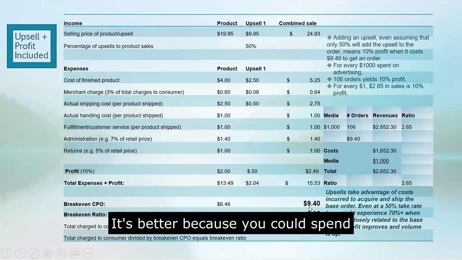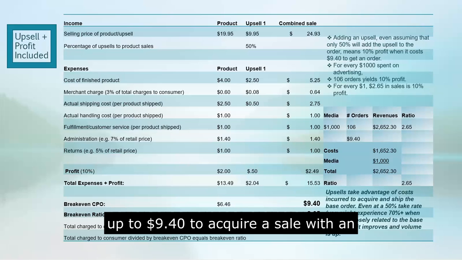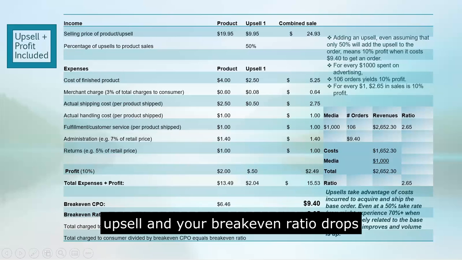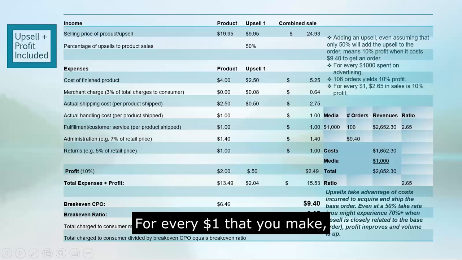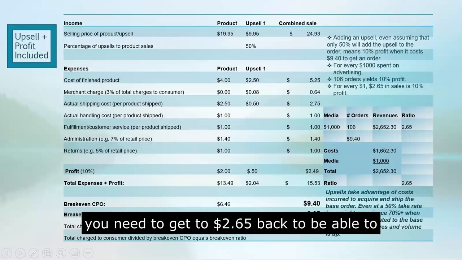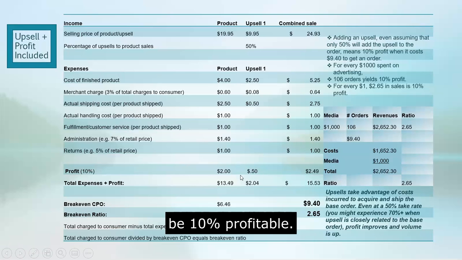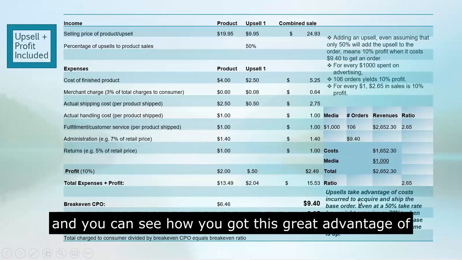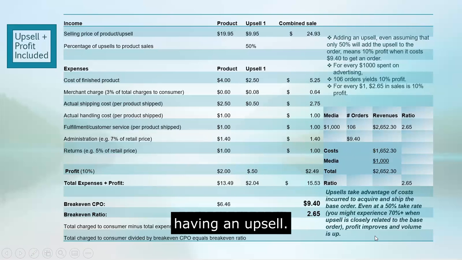So it's better if you can spend up to $9.40 to acquire a sale with an upsell, and your break-even ratio drops from $3 for the initial product to $2.65. So for every dollar that you spend, you need to get $2.65 back to be able to be 10% profitable. So we've got the profit in this one plus the upsell, and you can see the advantage of having an upsell.